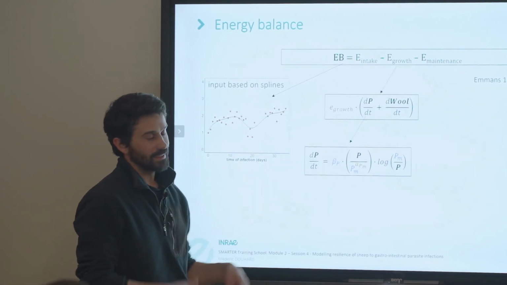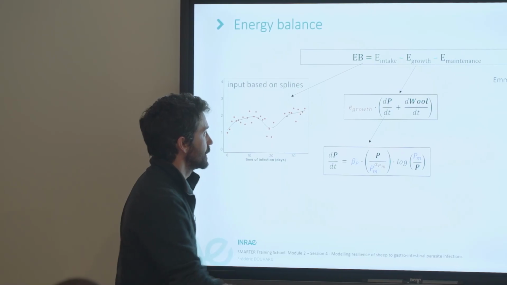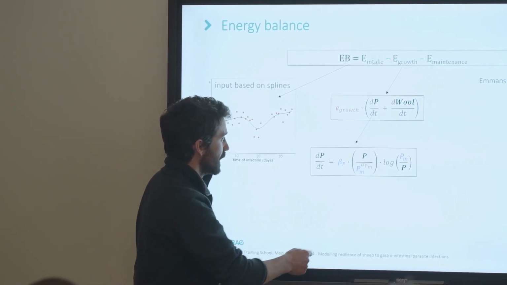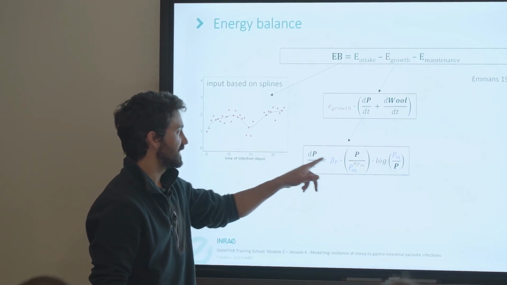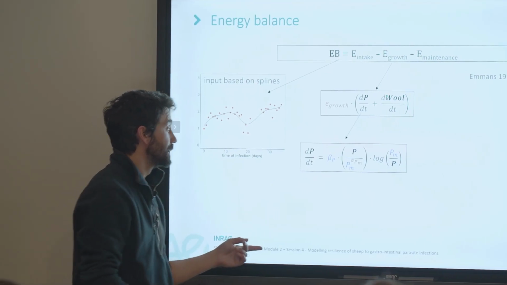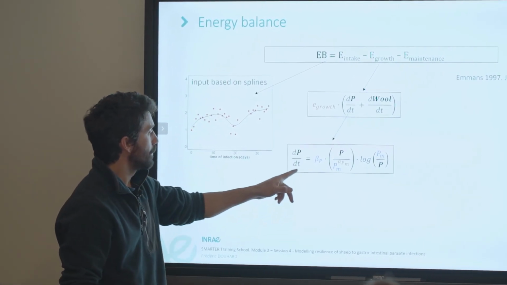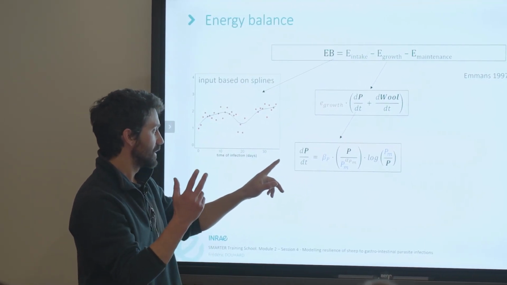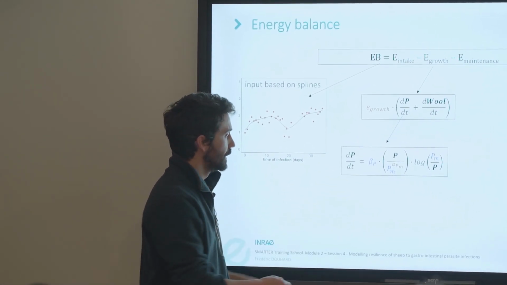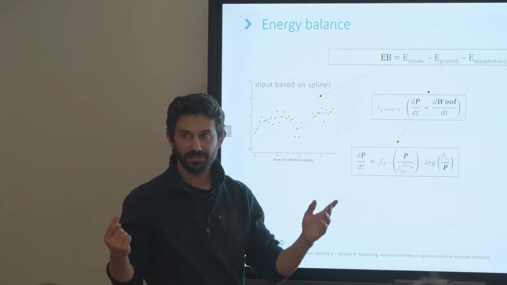Well, this is just the equations behind, but basically you need to know that the growth rate of the protein is this kind of model. It's called the Gompertz model. There are two main parameters that are important to know that characterize each individual.